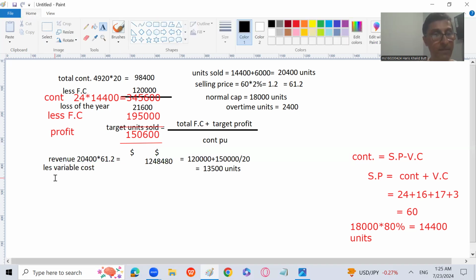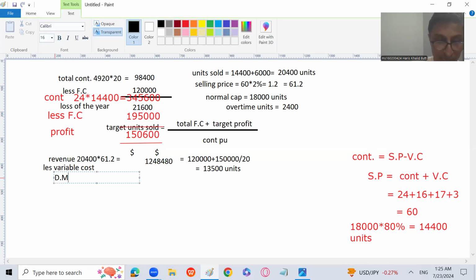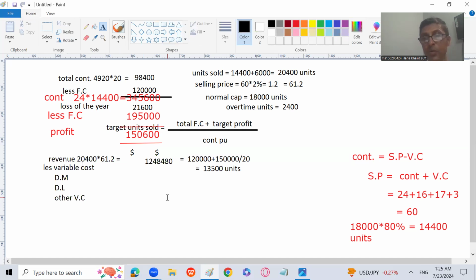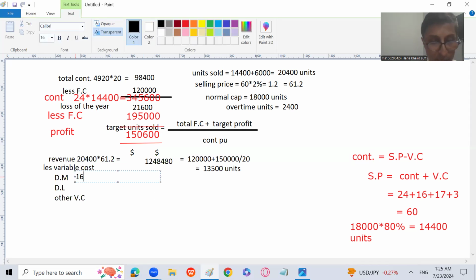First of all, variable cost, we will get direct material, then direct labor, then other variable cost, right? So direct material is going to be 16. So I will multiply 16 by 20,400. Let me calculate it. Yes, 326,400, right?